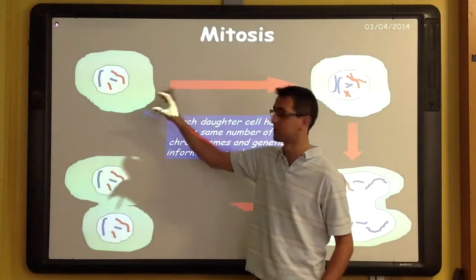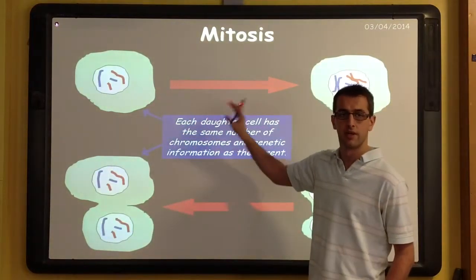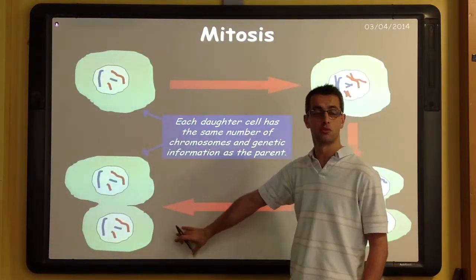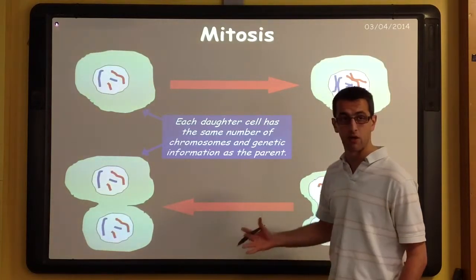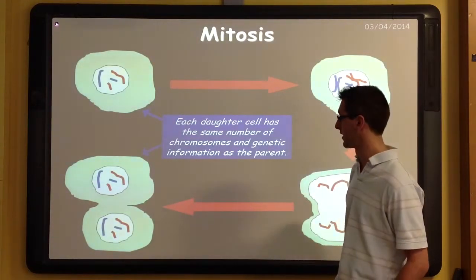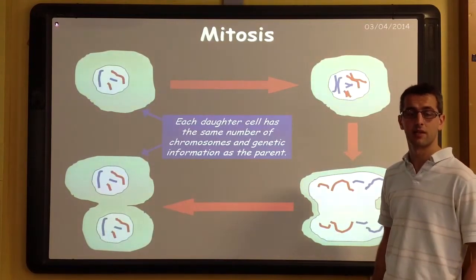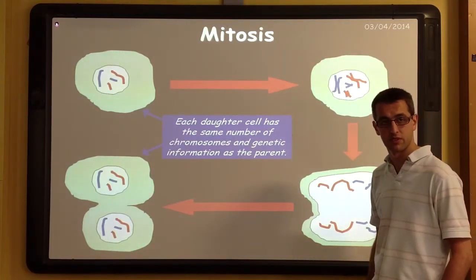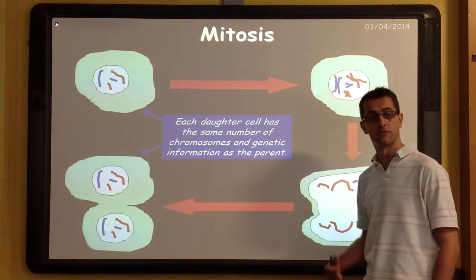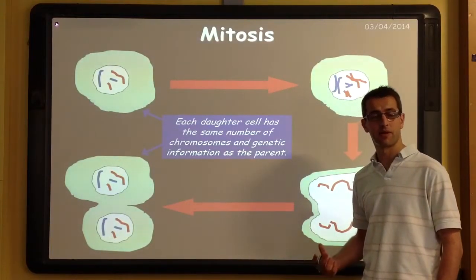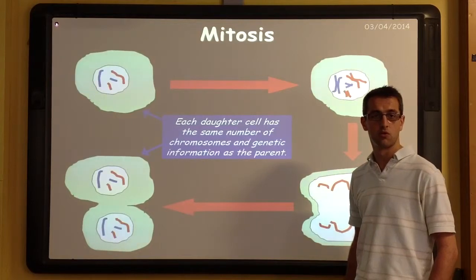This original parent cell no longer exists. It has become two new daughter cells. And any offspring cell is referred to as a daughter cell. So that is mitosis, making genetically identical copies of cells, specifically for the purposes of growth or repair and replacement of damaged or new tissues.